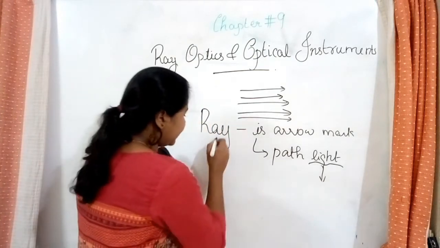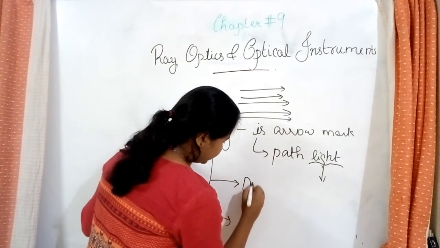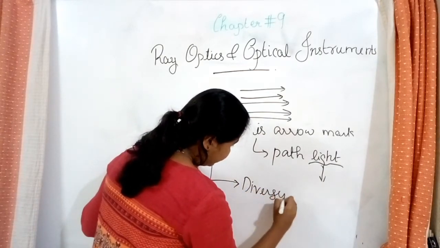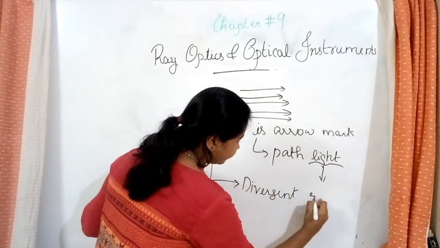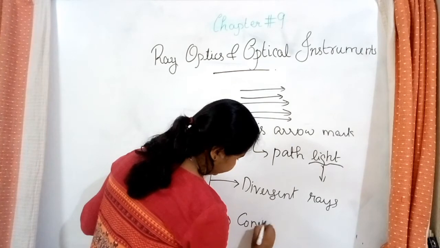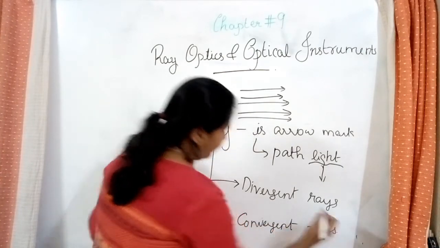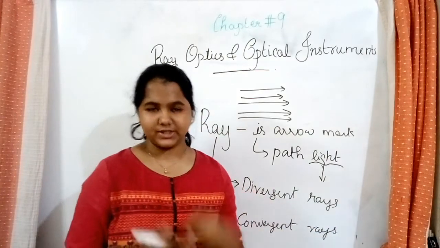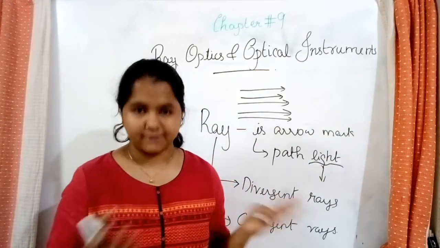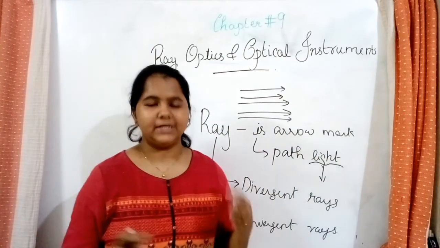Rays are classified into two: divergent rays and convergent rays. If you talk about divergent rays, what do you mean by the word diverge? It means to move out, to move away. That is the meaning of diverge.